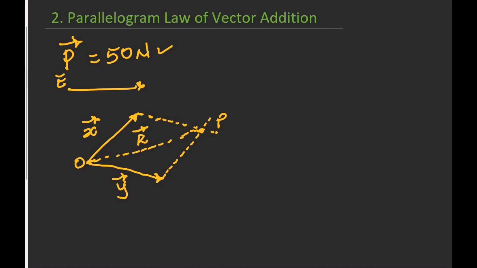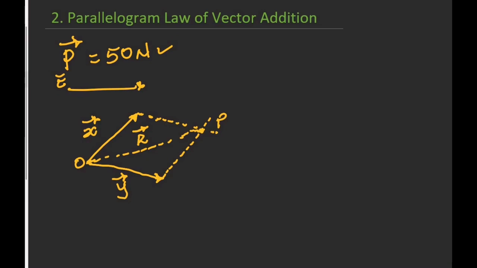It says that if two vectors can be represented by the two adjacent sides, now I have the two adjacent sides, the X and Y, both in magnitude and direction of a parallelogram drawn from a point, which I did also, then their resultant is a diagonal of the parallelogram. The parallelogram law of vector addition is more than what I have, but this is just the concept. I want you to look it up. It's very important you know how this works before you take your exam.